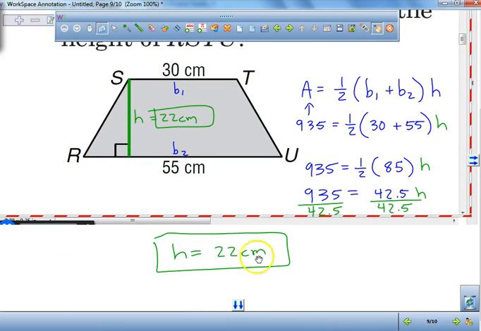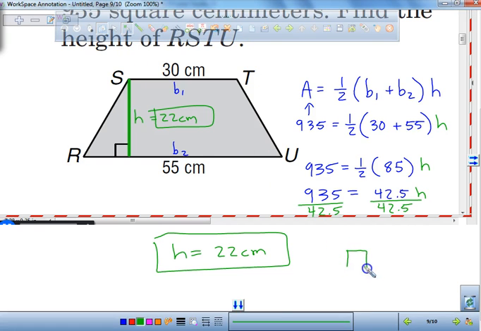This has 22 centimeters of height, but the area is 935 square centimeters. What's a square centimeter? A centimeter by a centimeter. So you could call it, that was 1 centimeter by 1 centimeter, then this right here would be called 1 centimeter squared. I know that's a horrible split.